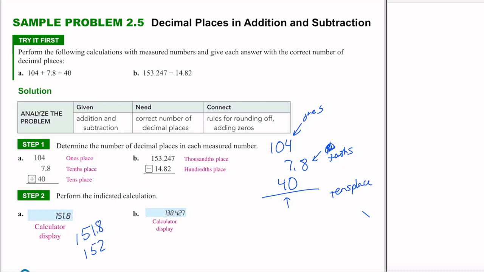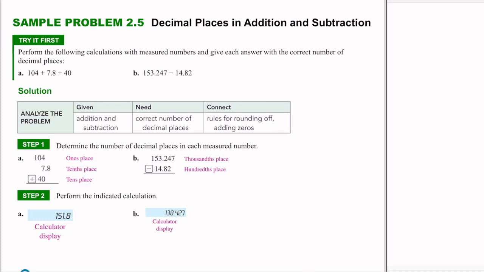We're limited to our answer having the last significant figure in the tens place. So since our calculator display is 151.8, we need to round our final answer to 150. Now again, this is an unusual problem, and you generally won't see problems of this nature.